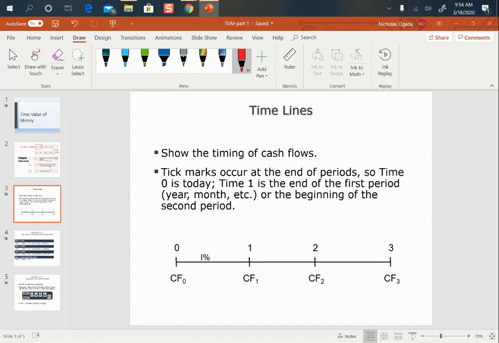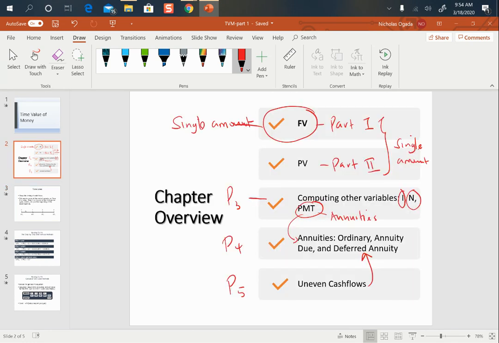And the other thing I want to mention is as we look at the present value, the future value of either a single amount or series of payments, basically the entire time value of money, keep in mind there are so many ways you can solve these problems.